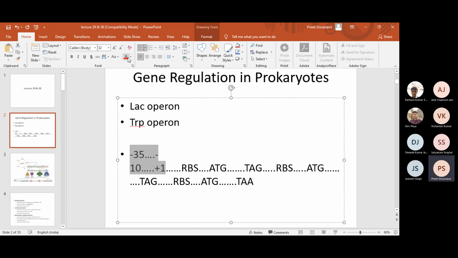This is the promoter. But then this is the ribosome binding site onto which the ribosome binds and translation happens. Protein synthesis takes place. Likewise, you have an initiation codon, then stop codon, but then you have again another ribosome binding site, and then initiation and then stop codon.